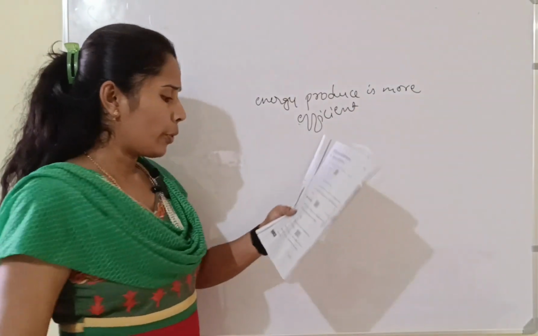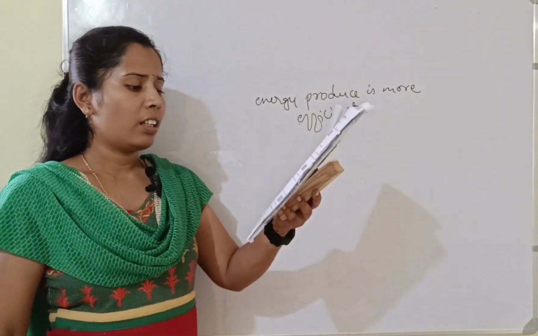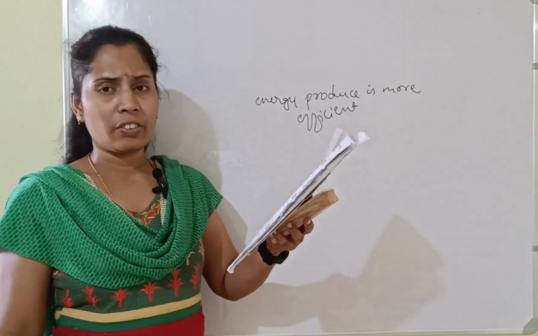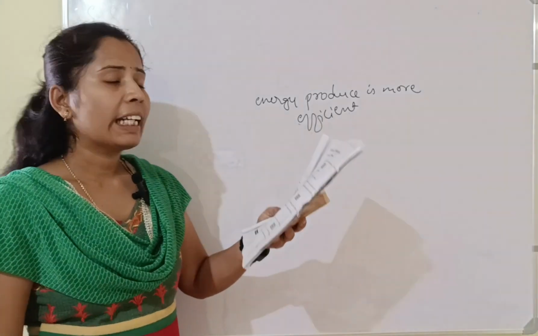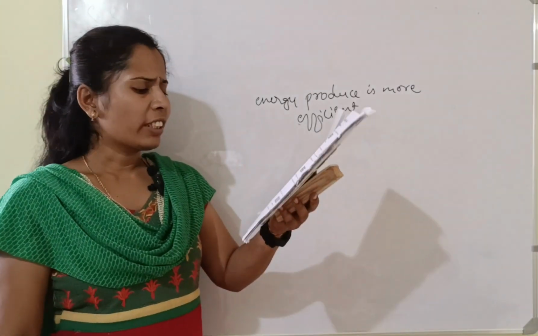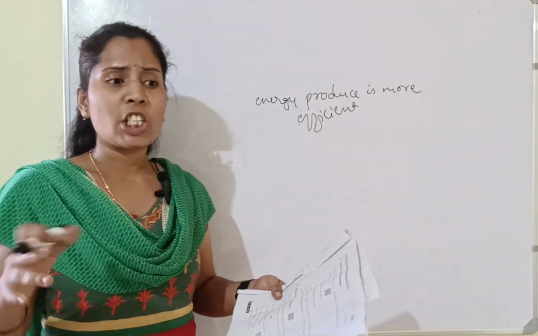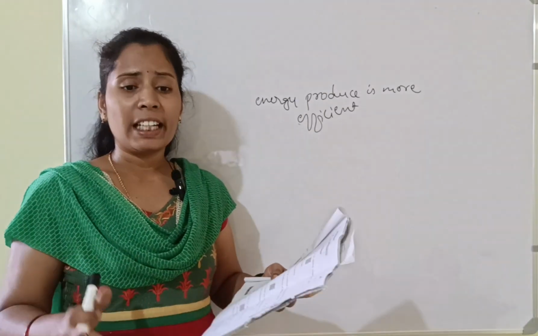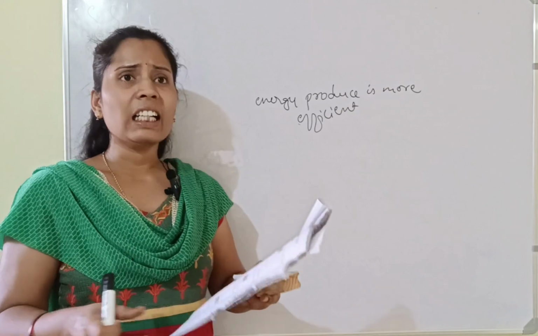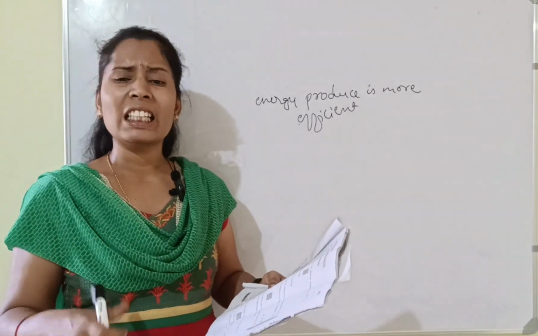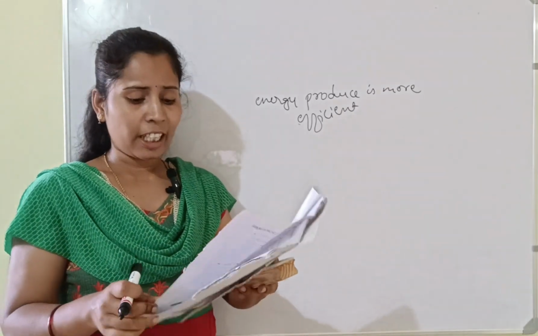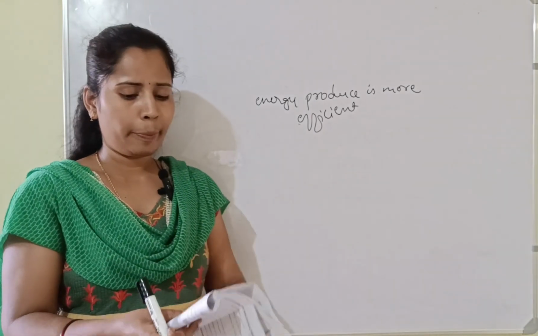The energy produced by this type of nuclear energy is very efficient and it has fewer pollutants. So the disadvantages are that they produce radioactive waste. The disposal of this waste is very dangerous, and to set up these nuclear plants is very expensive, so it cannot be affordable for normal people.